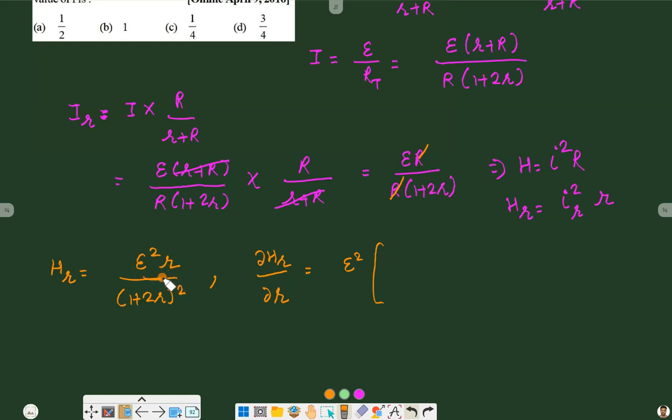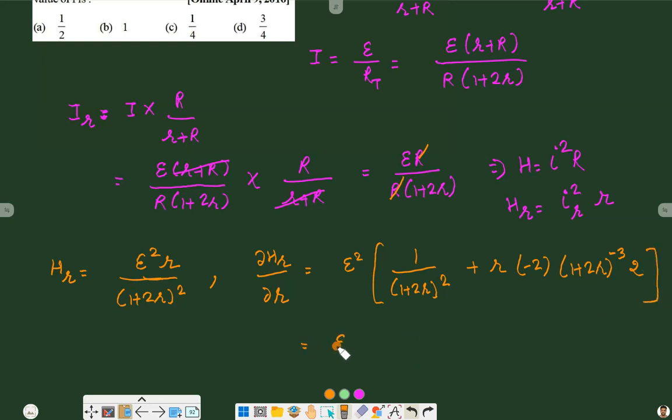First we take 1 plus 2r squared as constant and differentiate r, so it will be 1 plus 2r squared, plus, now taking r as constant, the derivative of 1 plus 2r whole squared, so it will be minus 2 times 1 plus 2r to the power minus 3 into the derivative of 1 plus 2r, that will be 0 plus 2.